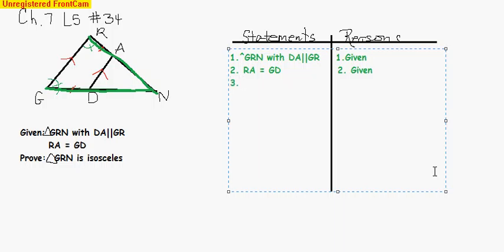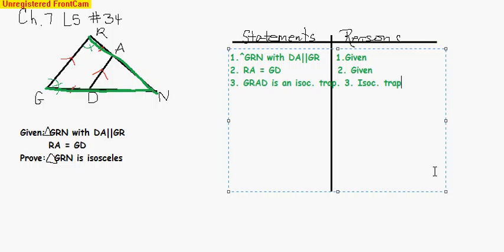Now we can see we have exactly one set of parallel lines in a quadrilateral, and the opposite sides are equal, so that we can say quadrilateral GRAD is an isosceles trap. And the reason for that is isosceles. I'm kind of combining. You could have put this in two steps.